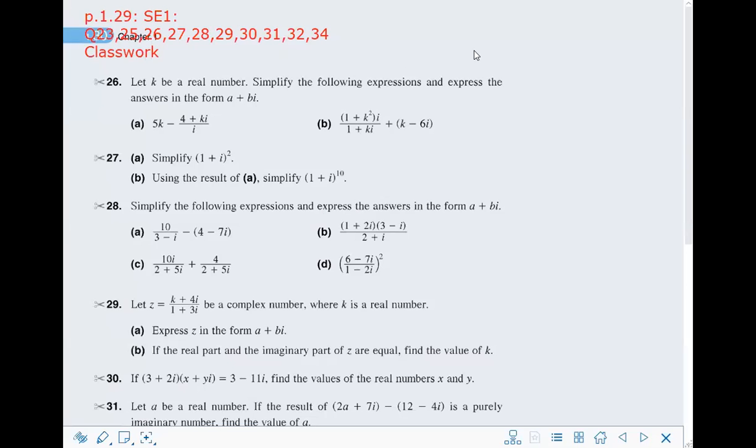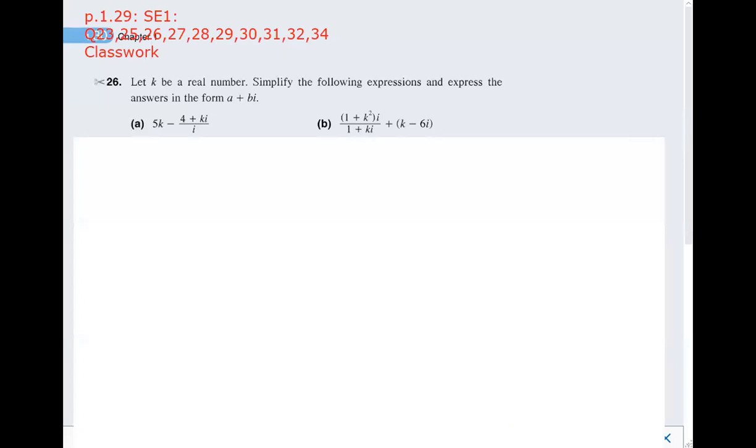Okay, 26B. Maybe like this. Let me see. Great.